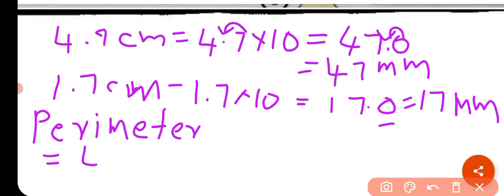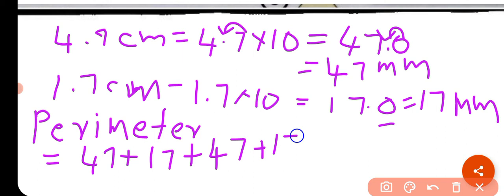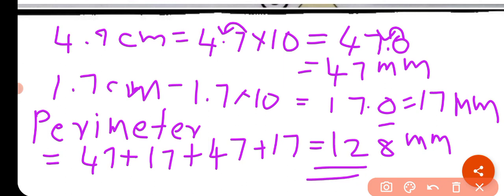So 47 plus 17 plus 47 plus 17. This is the perimeter. Okay. Which is equal to 128 millimeter. This is the perimeter.